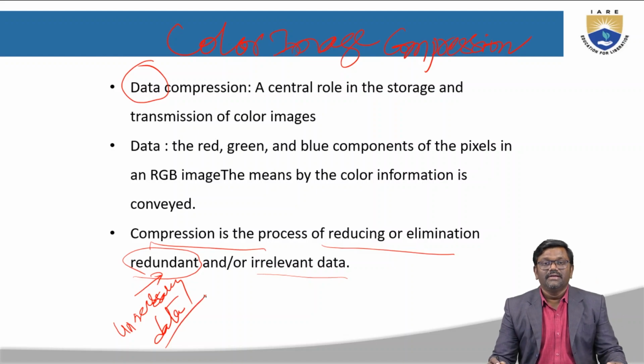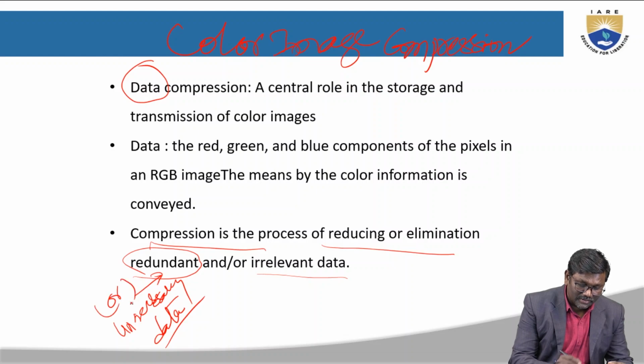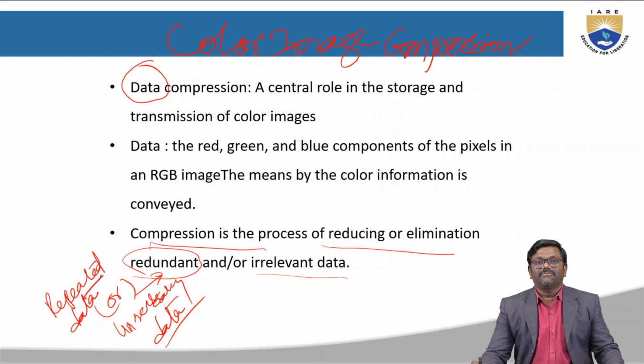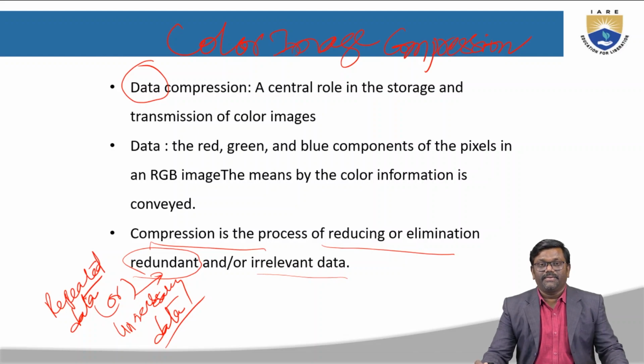That is called redundancy. In another way, we also call it repeated data. Repeated data is also called redundant. Such redundant information is going to be eliminated, and irrelevant data also is eliminated, so that the image is compressed. There are two uses of this compression.